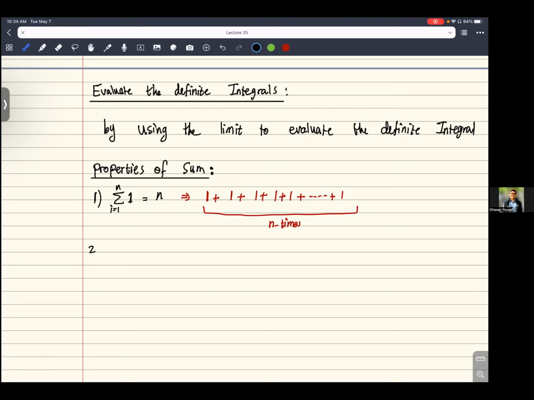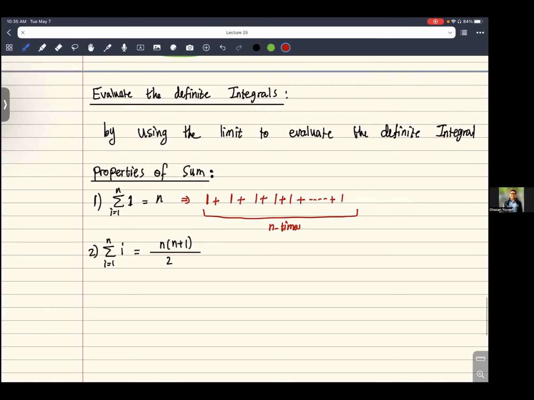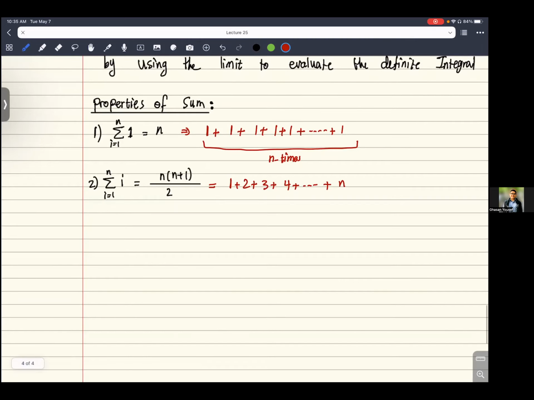Number two, you should know the sum of i from 1 to n is the same as the formula n times n plus 1 over 2. This means 1 plus 2 plus 3 plus 4 plus dot dot dot plus n. So the total sum is n times n plus 1 over 2.